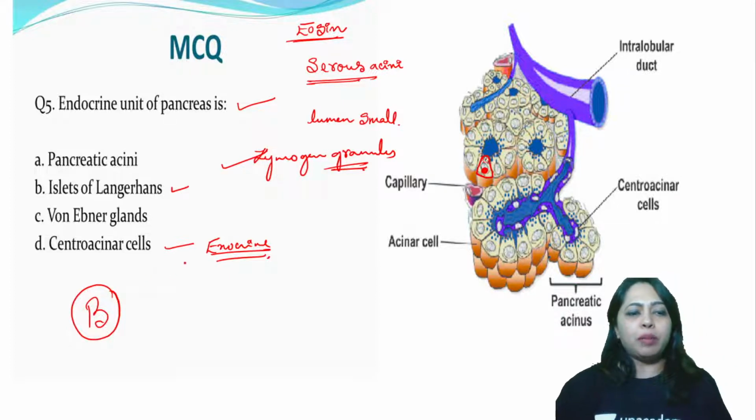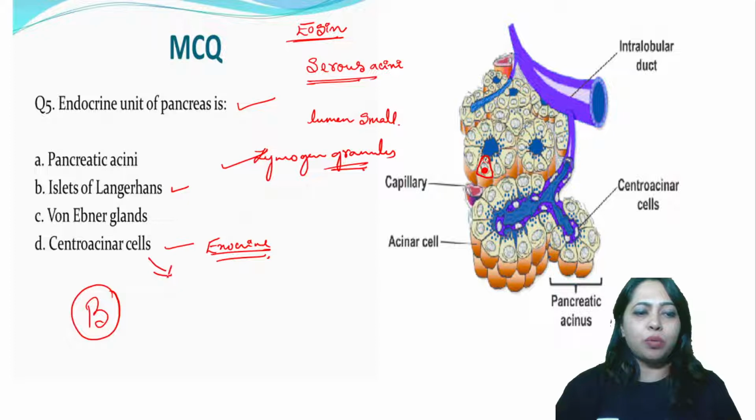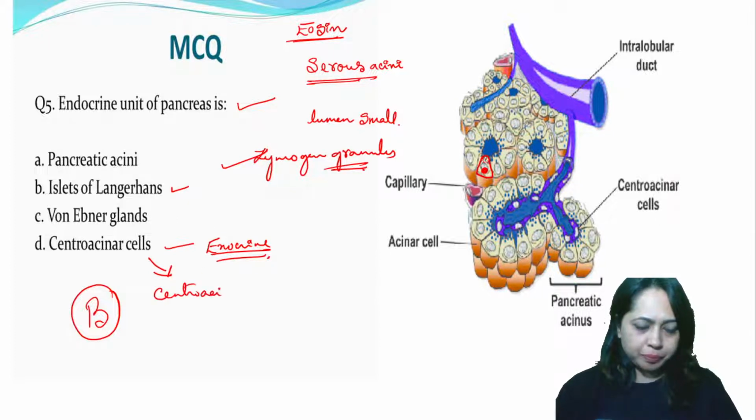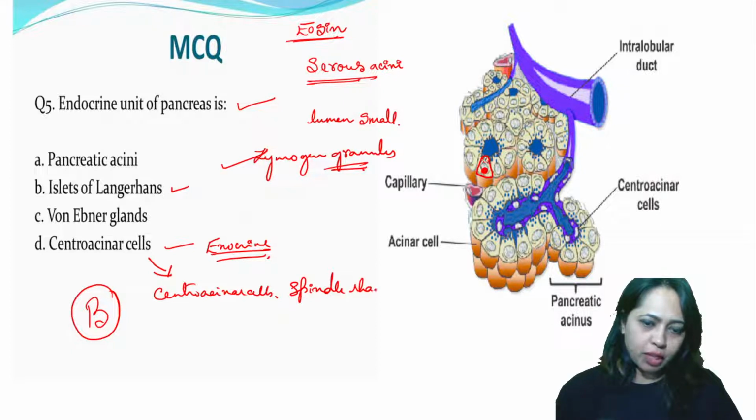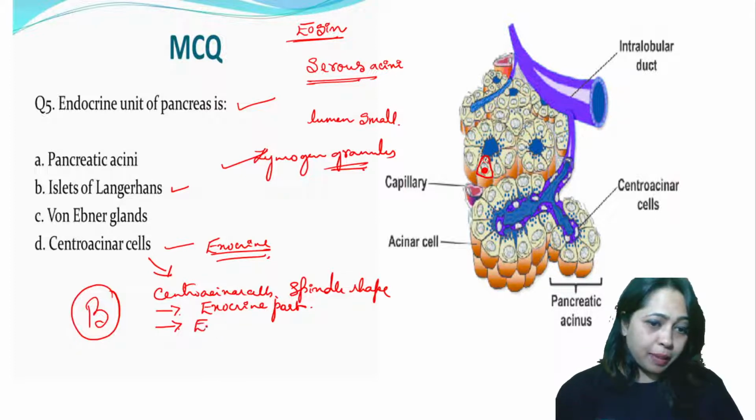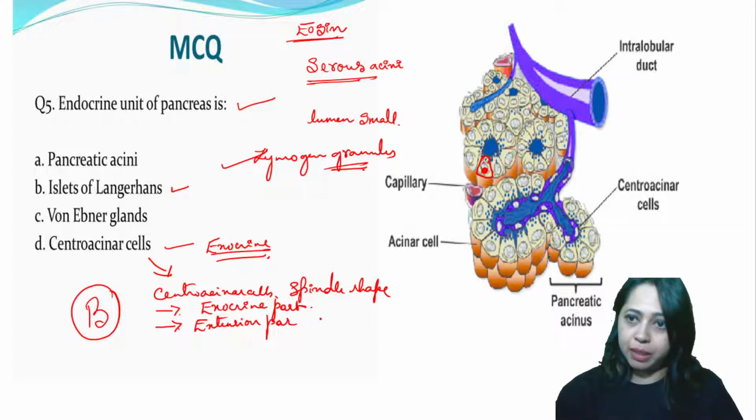And you can also remember a little more about centroacinar cells. What is so special about centroacinar cells? As you can see, they are all spindle shaped. That is one thing. Another point is they belong to the exocrine part, and they always belong to the extension part of the intercalated duct.